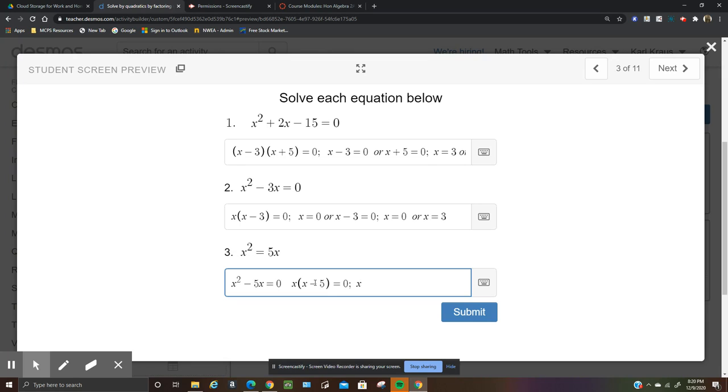So x equals 0 or x minus 5 equals 0. X equals 0 or x equals 5.